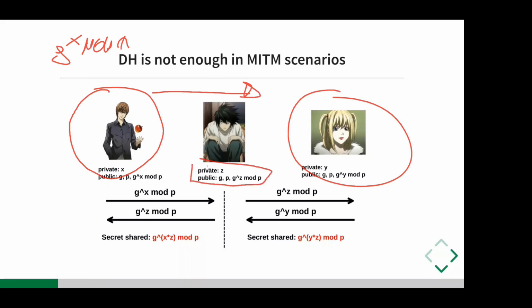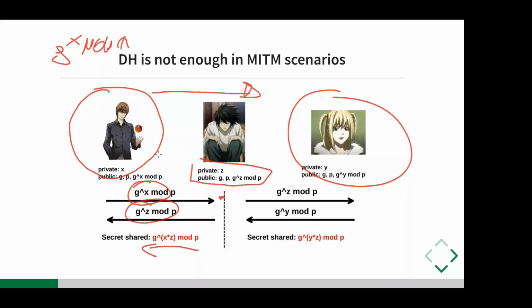He produces his own Diffie-Hellman parameter. He remembers that that guy sends g to the x, and he sends back g to the z, not g to the y, meaning that he's sending back something that did not come from the proper destination, but he has put himself in the middle.